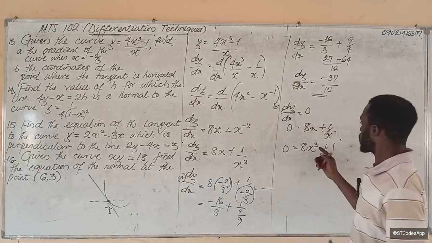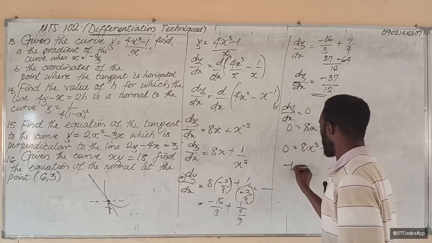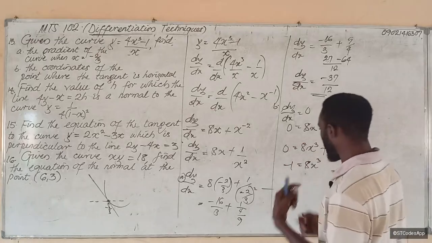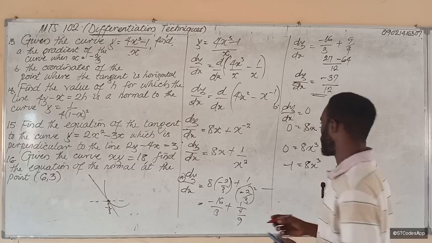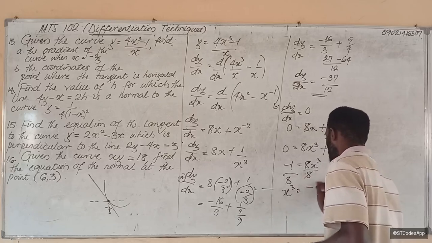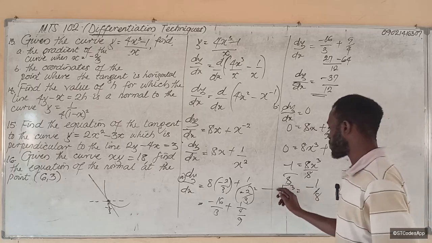So minus 1 equal to 8x cubed. Divide both sides by 8, you have x cubed equal to negative 1 over 8. You now take the cube root of both sides.